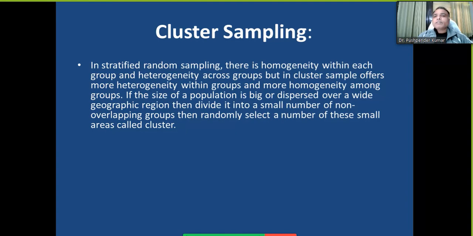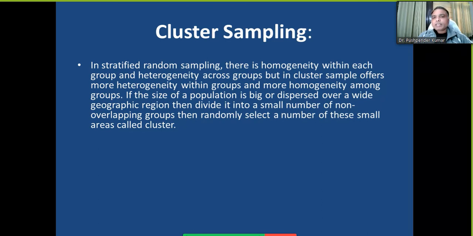So in stratified random sampling, there is homogeneity within each group and heterogeneity across groups. But in cluster sampling, the sample offers more heterogeneity within groups and more homogeneity among groups.